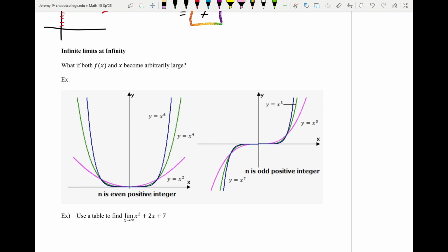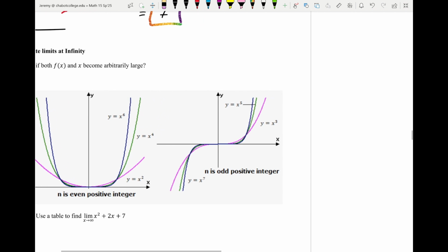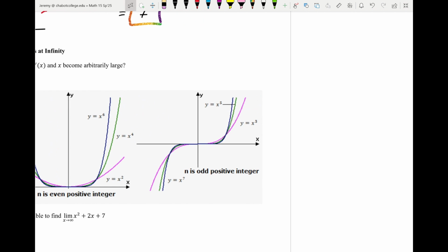Okay, and whether it goes up or down depends on the sign of the leading coefficient. However, if the degree of the polynomial is odd, then we have this type of end behavior where it goes down on one side and up on the other side. That's if we have a positive leading coefficient. If we have a negative leading coefficient, then it's going to go up to the left and down to the right.